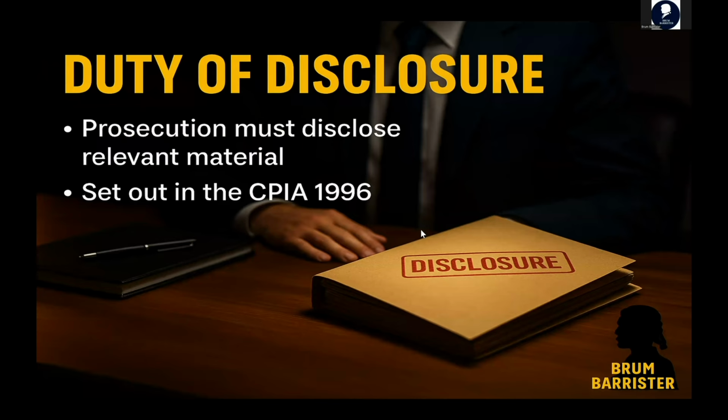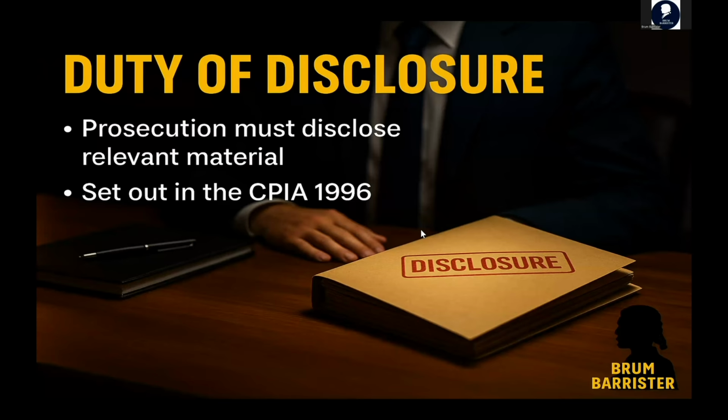The starting point for the duty is the Criminal Procedure and Investigations Act 1996, or CPIA for short. It sets a continuing duty on the prosecution to reveal any material that could help the defence. It's an obligation, so think of it as the legal version of turning the lights on.